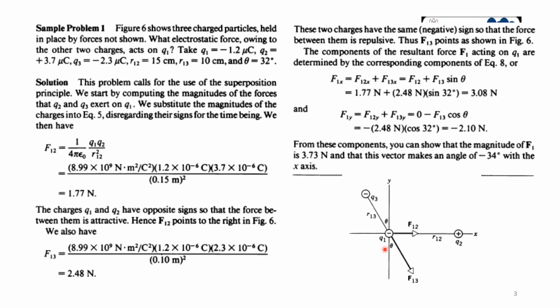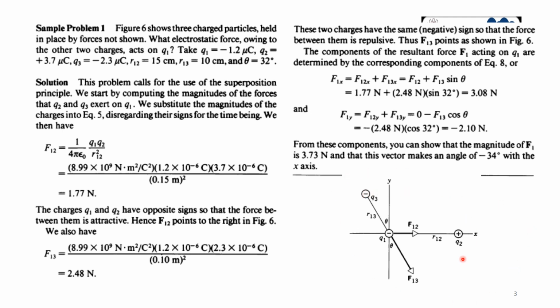Q1 is at the origin, Q2 is placed purely on the x-axis, and Q3 is placed between the positive y-axis and the negative x-axis. Okay, in between positive y and negative x means Q3 is placed in the second quadrant. So these 3 charged particles are placed.